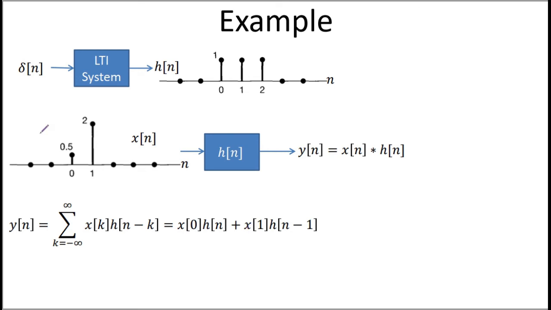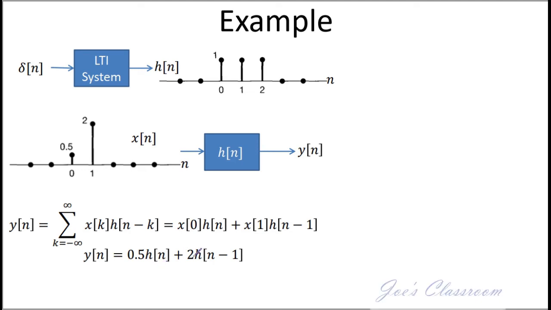We know that x of 0 is equal to 0.5 and x of 1 is equal to 2. Therefore, the summation can be written as y of n is equal to 0.5 h of n plus 2 h of n minus 1. So if we know this h of n and h of n minus 1, immediately we can find out y of n.